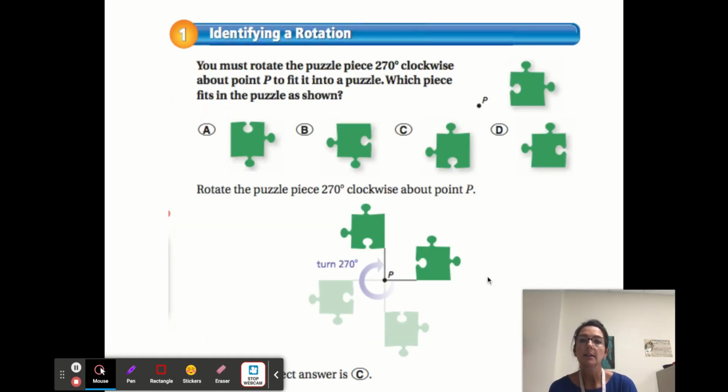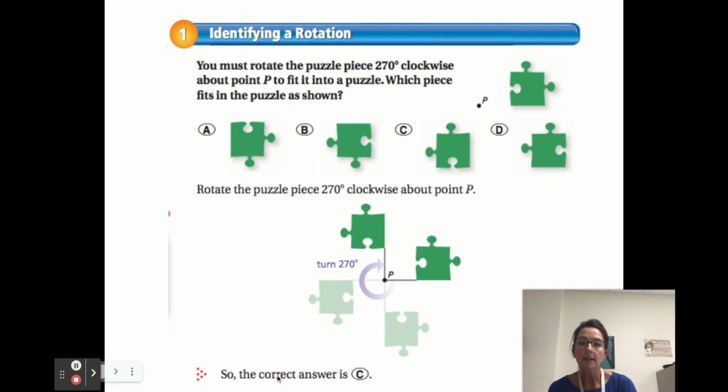All right. So identifying the rotation: you must rotate this puzzle piece 270 degrees about point P to fit into the puzzle. Which piece fits in the puzzle? So here is the center of rotation. Now, look at this picture right here.